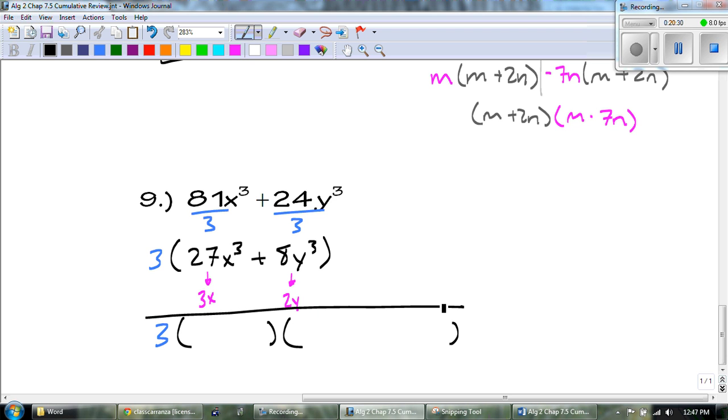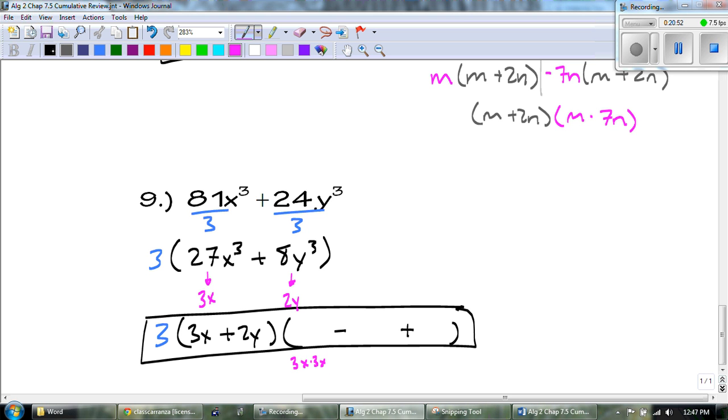And remember, all we're doing is following the pattern, okay? We get plus, plus. The first one is just the 3x and the 2y. And then we have 3x times 3x, which gives us 9x squared.